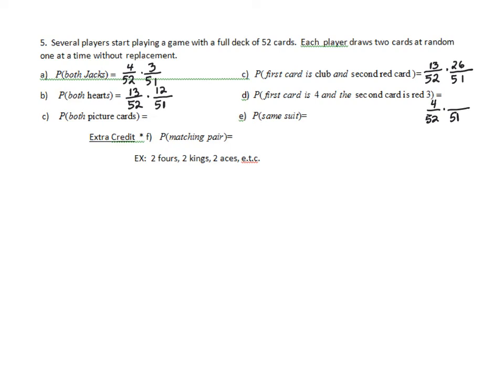Well, the second card is a red 3, excuse me. That's very specific. Well, how many red 3s are there? Well, let's see. There are 4 3s and 2 are red, I believe. So that would be 2 out of 51. And the 2 red cards are the 3 of diamonds and the 3 of hearts.